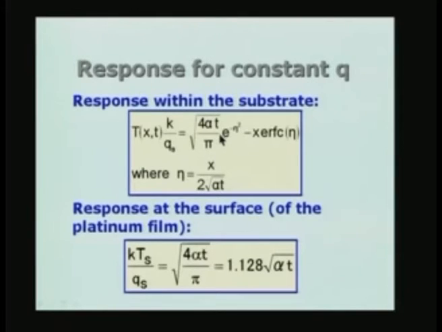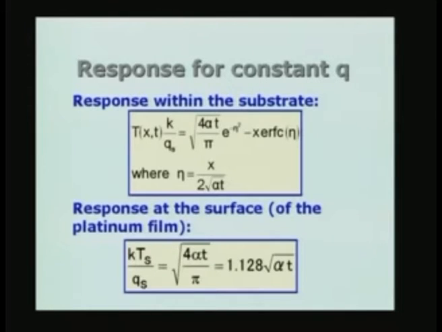And in fact, if you put x equal to 0 in this equation, you will get the surface temperature, and the surface temperature of the substrate is exactly equal to the temperature of the film, because it is a very thin film which is formed on the surface.